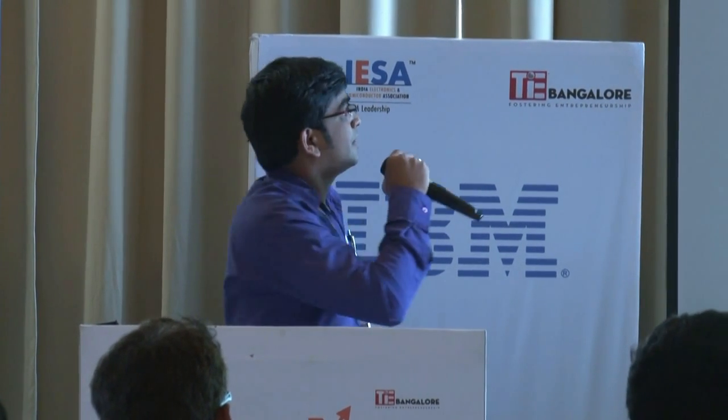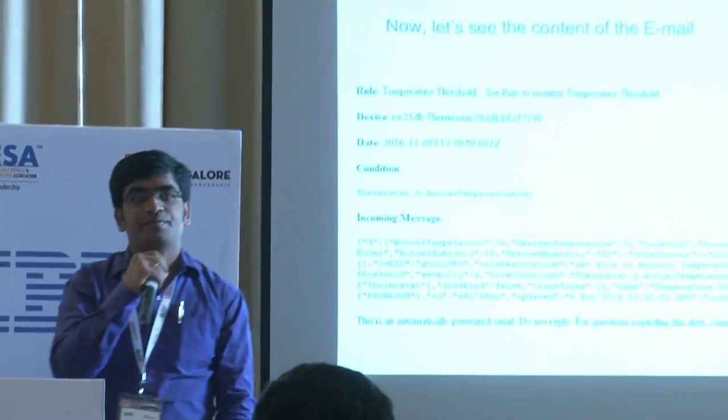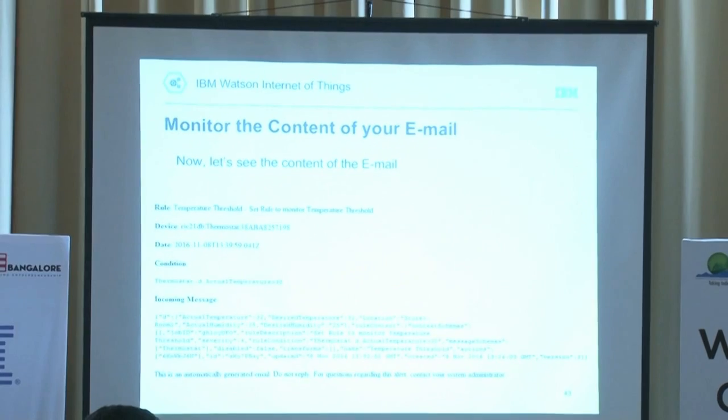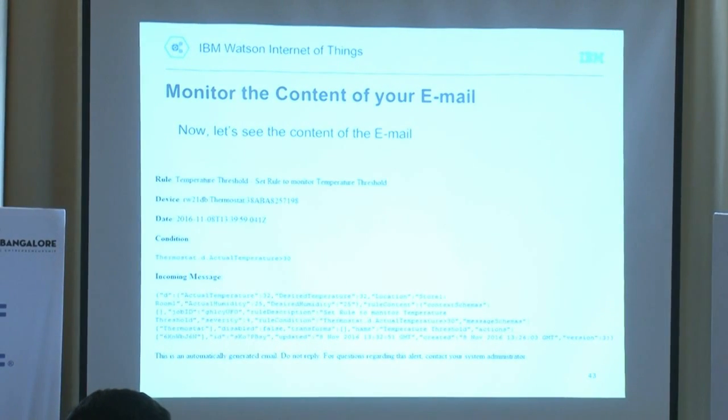So, sorry? You can configure it. So this is the content of the email that I've got. It says the condition is greater than 30. So since the rule was breached, I'm going to get the data as part of the email.